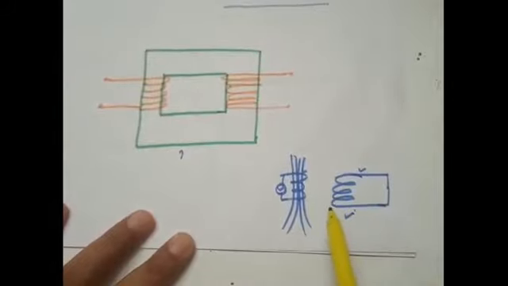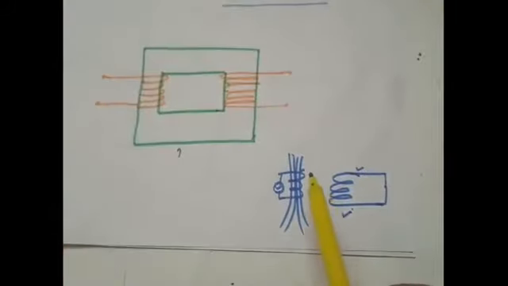So that is why we need a medium which is a highly magnetic material, so that it will directly link the magnetic flux associated with the first coil to the second.